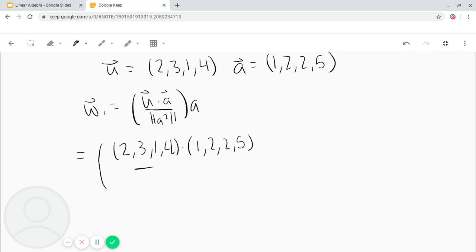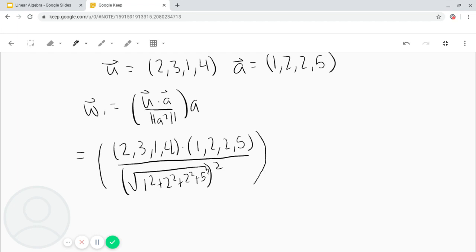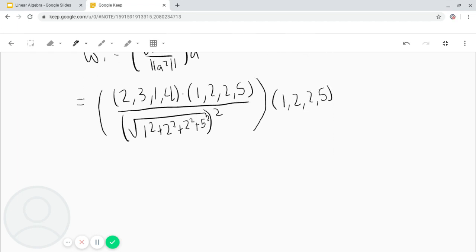So this will be equal to (2, 3, 1, 4) dot (1, 2, 2, 5) over the square root of 1 squared plus 2 squared plus 2 squared plus 5 squared, all squared, times (1, 2, 2, 5).